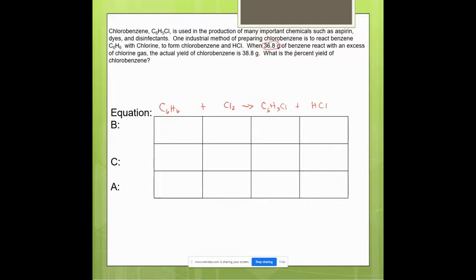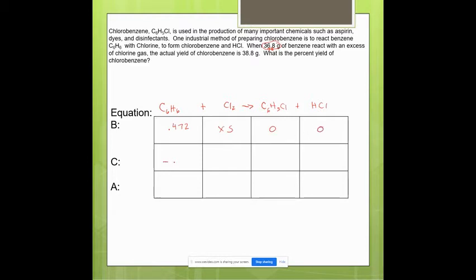We're going to divide it by the molar mass of benzene to get it into moles. So the molar mass of benzene is 78. So we're going to divide that by 78. That gets that into moles, and that is 0.472. We're assuming, they said in our problem that we have an excess amount, and in the beginning, we don't have any of these formed.